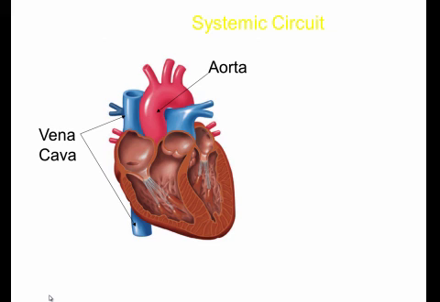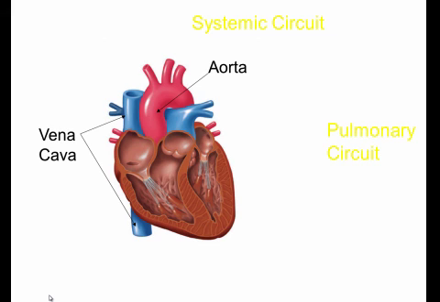So the blood that is returning in the vena cava is deoxygenated blood, and we use the color blue to represent that deoxygenated blood. So the systemic circuit is from the left ventricle out the aorta, and it returns in the vena cava to the right atrium.